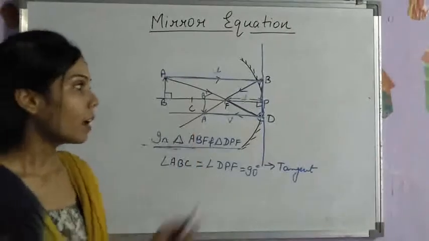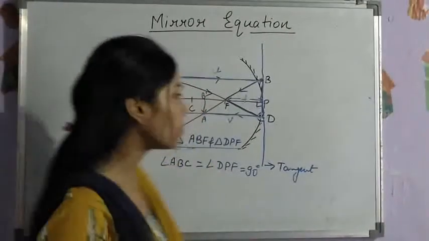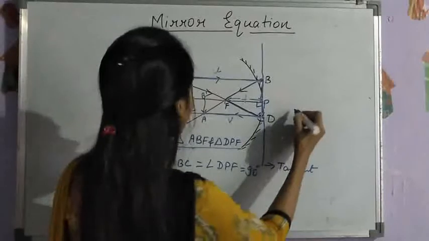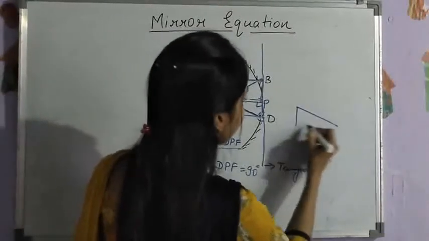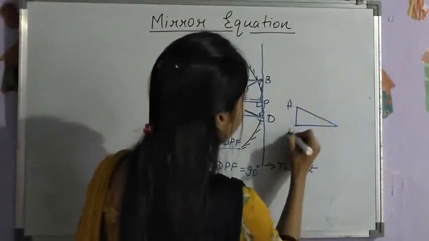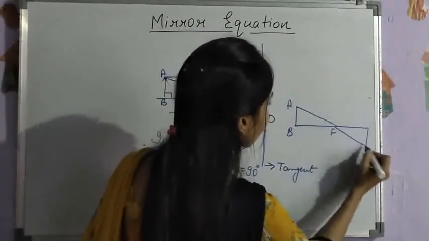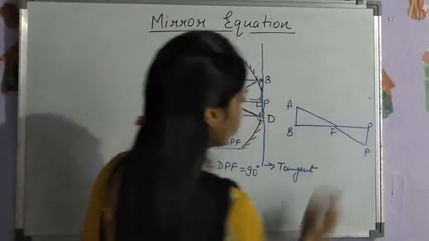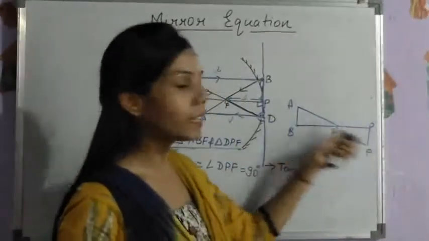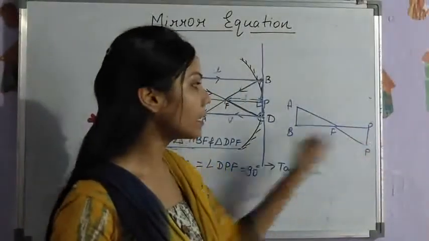Now, in order to understand this clearly, let me draw this separately over here. So this is our angle ABF, and this is the angle DPF. We are going to prove that these 2 triangles are similar.